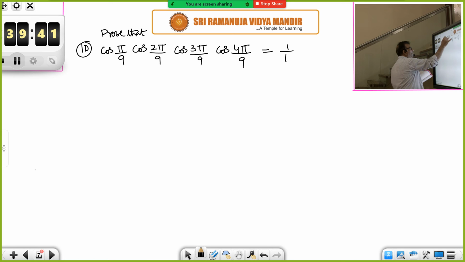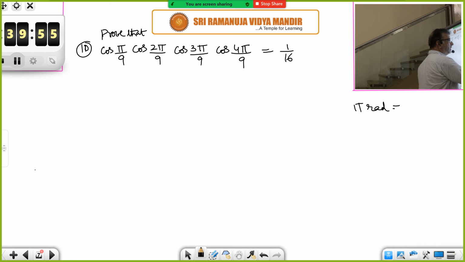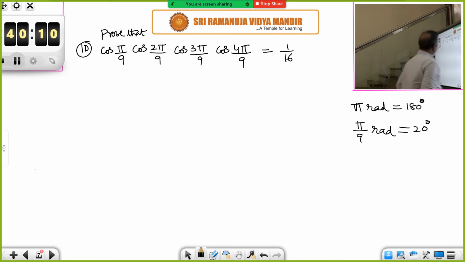The problem is to prove that cos pi by 9, cos 2 pi by 9, cos 3 pi by 9, cos 4 pi by 9 is equal to 1 by 16. Okay, he has given the angles in radians. We know that pi radians is equal to 180 degrees. Pi by 2 radians means 90 degrees. Now what is pi by 9 radians? 20 degrees. So let us write in terms of degrees, then you will understand better.